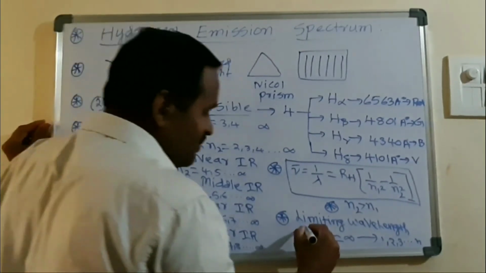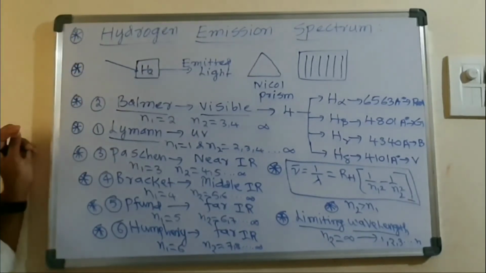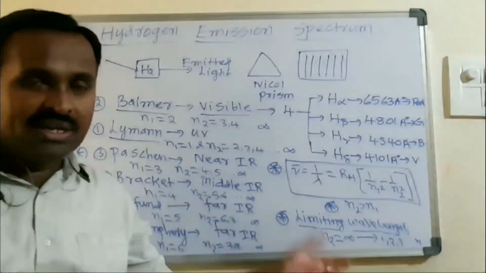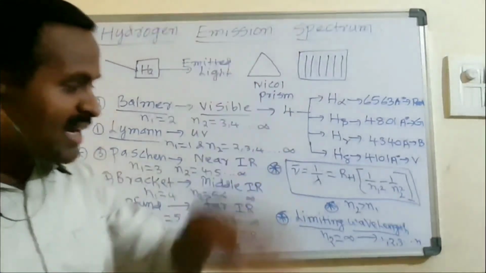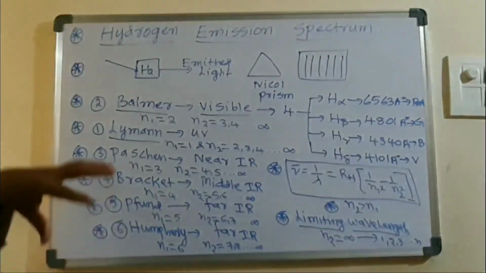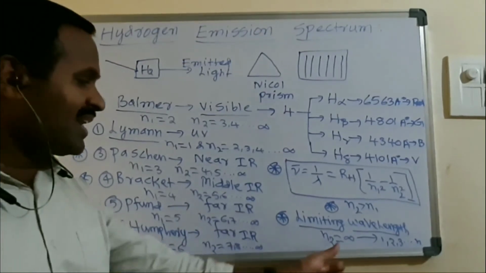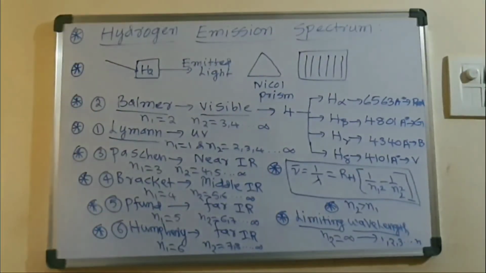They will ask many problems based on the limiting wavelength also. If N2 value is infinity and N1 is 1, 2, 3 and so on, the spectral line obtained due to de-excitation of the electron has the limiting wavelength.